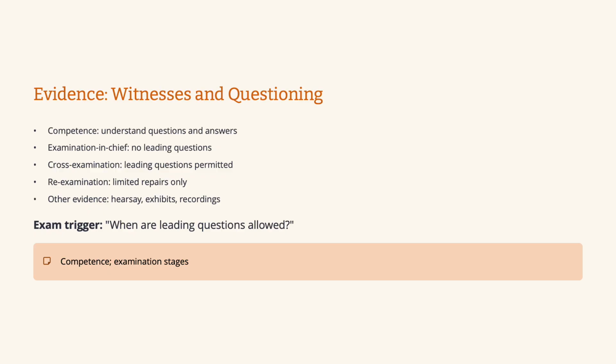So examination in chief is when your own witness gives evidence. Crucially, you cannot ask leading questions that suggest the answer. You must ask open questions, allowing the witness to tell their story. What did you see? Not, did you see the defendant hit the victim?